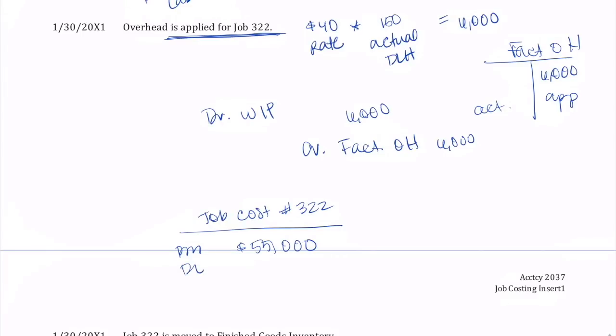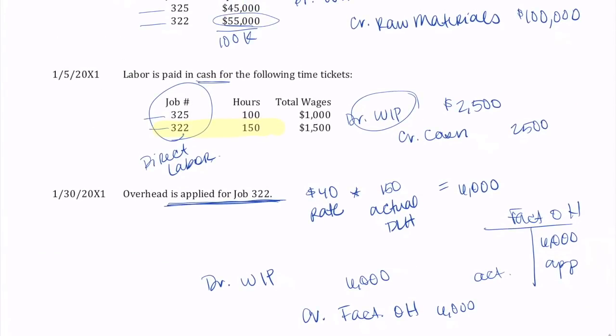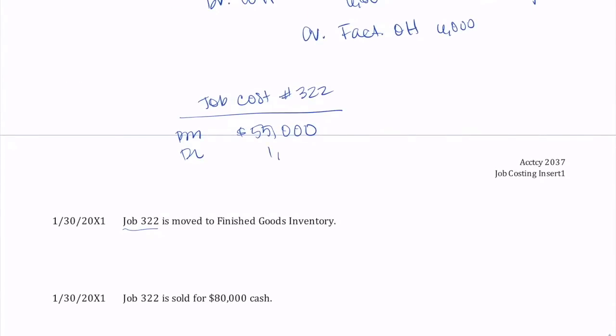The direct labor that went into job 322, $1,500. And then the overhead is what I just applied to this job, $6,000. That gives me a total of $62,500 for job 322. That's the total cost for me of making that job.